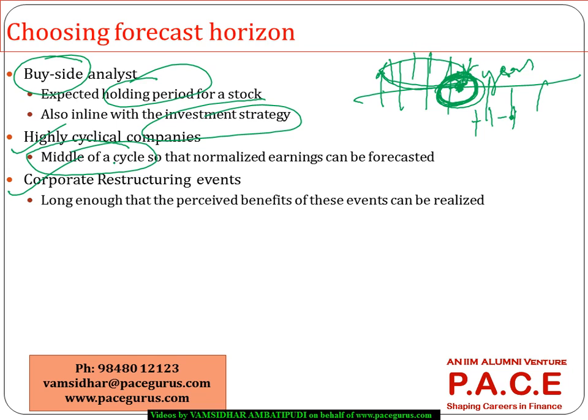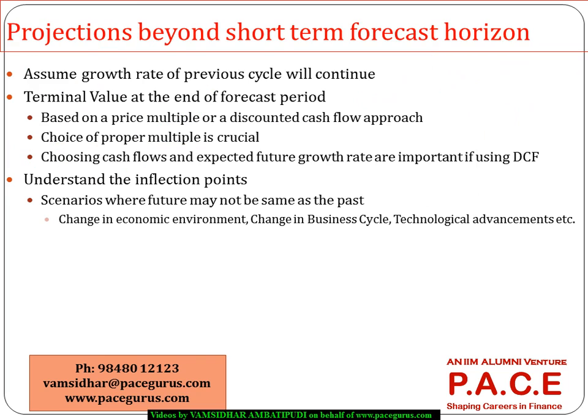So include in the forecasting period a generally slightly longer period, so that whatever the benefits of this diversification or mergers and acquisitions, they are evened out during this entire period. So choose such a slightly longer period so that this impact, which is more or less temporary, is completely realized during that entire forecasting period. So the forecasting horizon should be chosen from that kind of perspective.